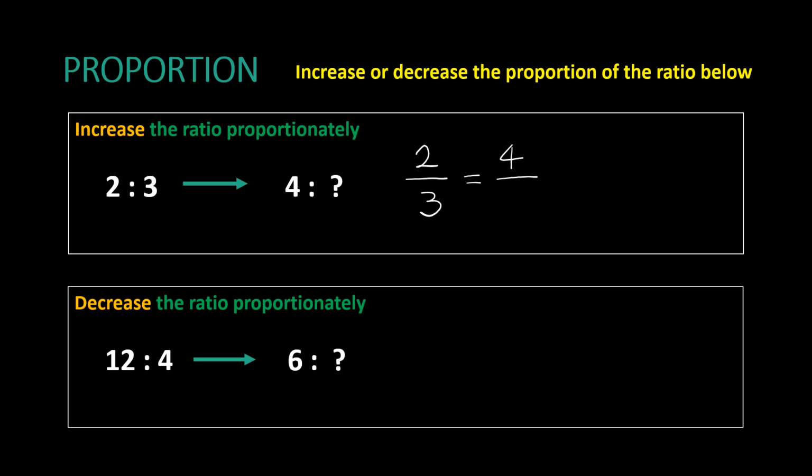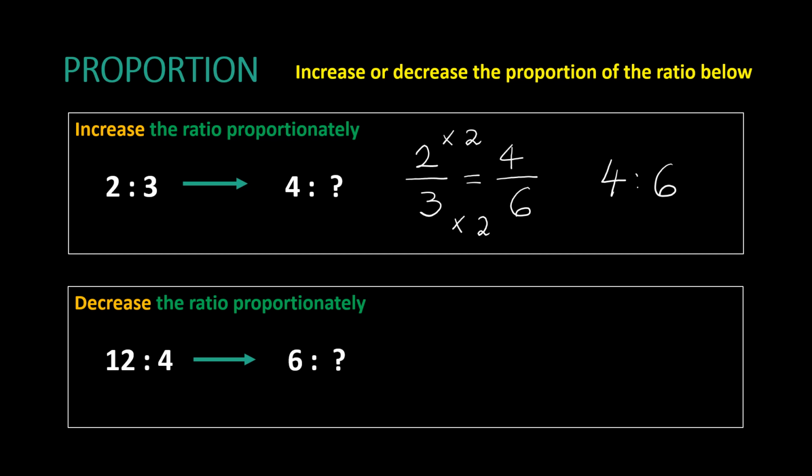Now, from 2 to 4, you know this is times 2. So you multiply the bottom by 2. 3 times 2, you get 6. So the answer would be 4 to 6.